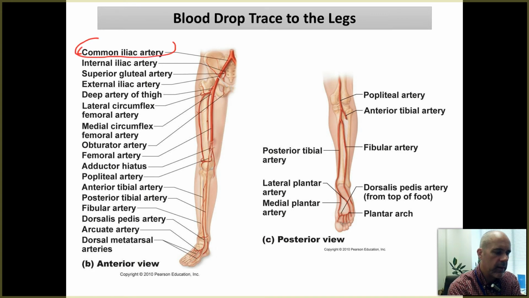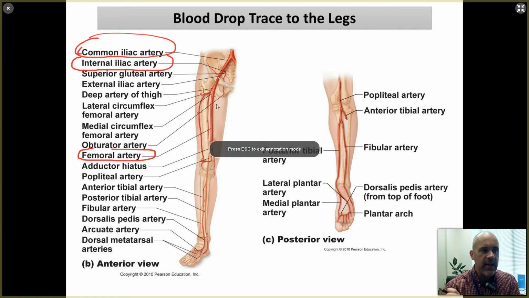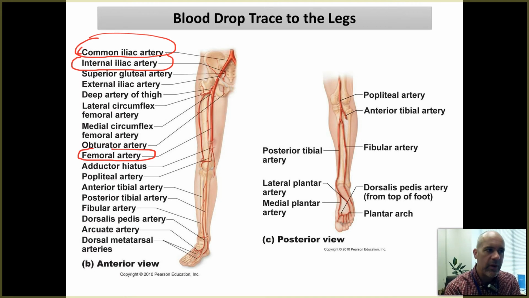We got common iliac, we got internal iliac that you guys need to know, and then we end up here in the femoral artery. That is a deep, big artery down in the legs. So it's hard to tell on these 2D diagrams from your textbook which ones are deep and which ones are superficial, but the femoral artery is the big, deep one.